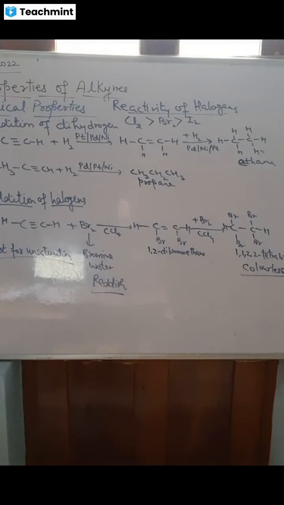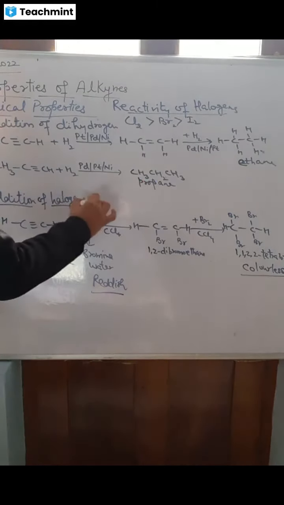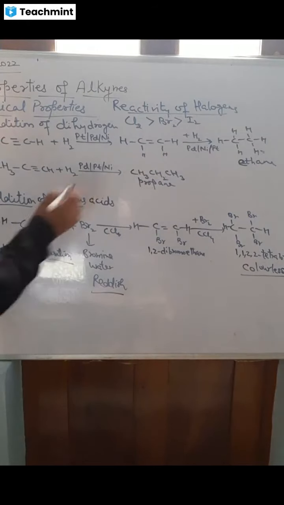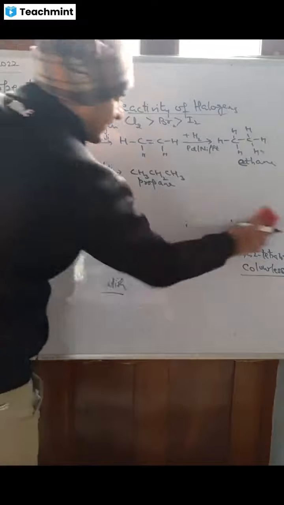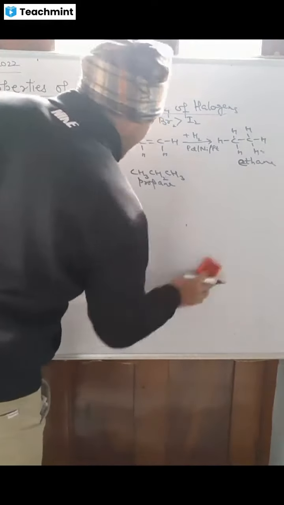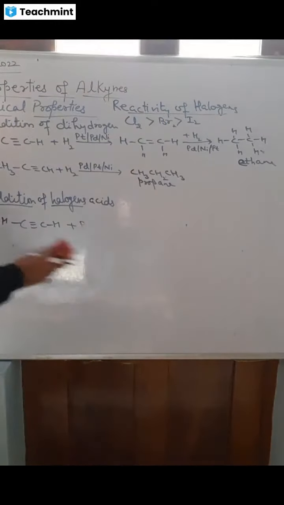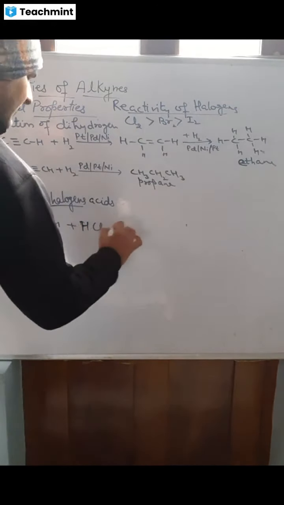Now addition of halogen acids. Halogen acid means HCl, HF, HBr. In what way does the reaction occur?